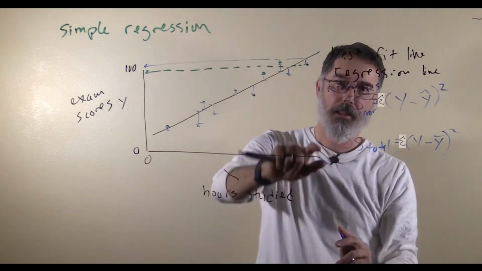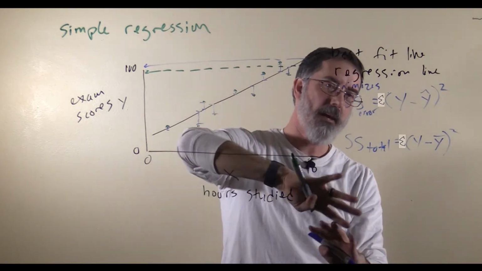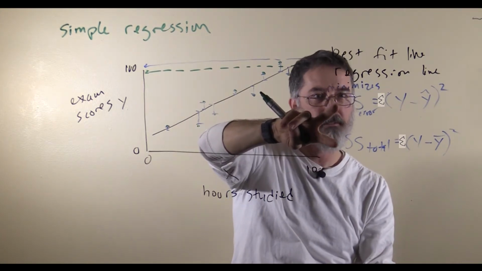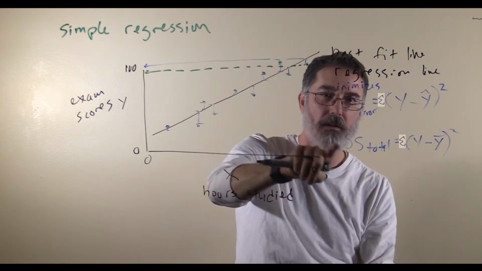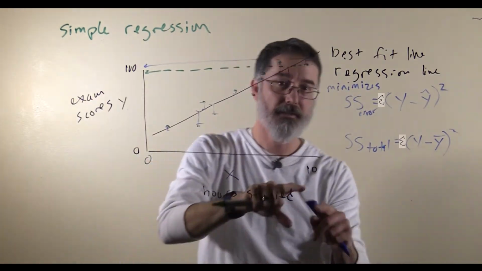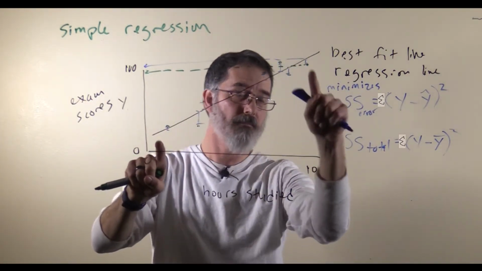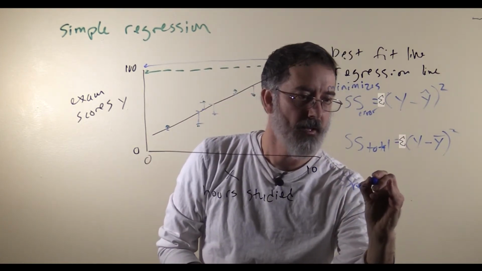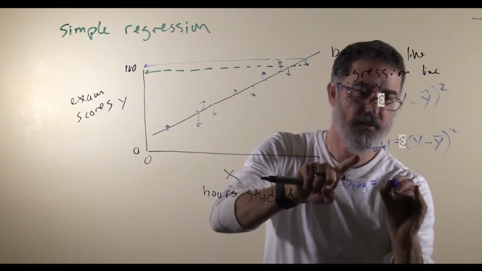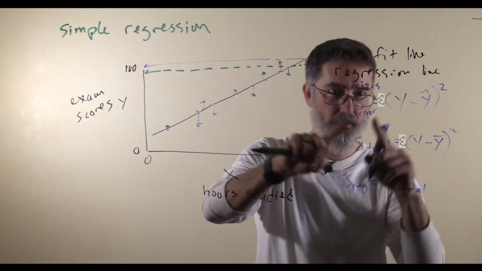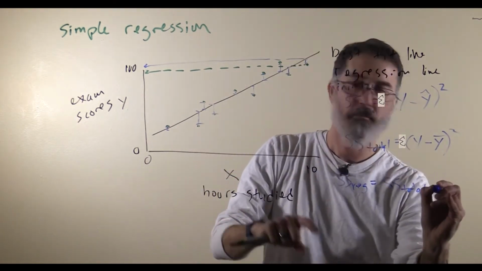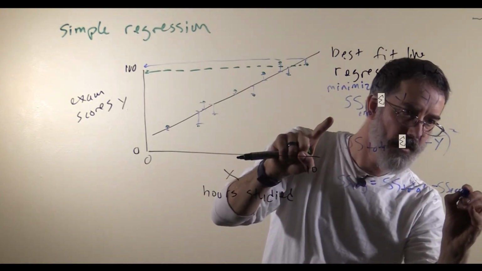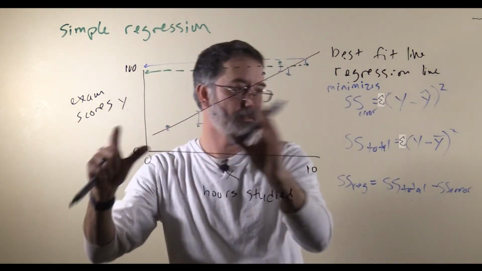And now that we have these two types of sums of squares, what we can calculate is how much variation in the outcome variable is explained by this line here, right? And we'll call that the sums of squares regression, and it's equal to the sums of squares total, all the variation that could be explained, minus the sums of squares error, the variation in y that's still unexplained, right?